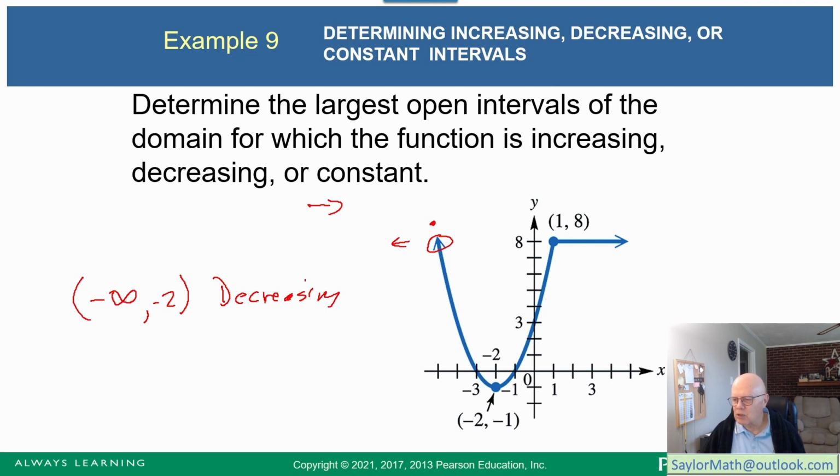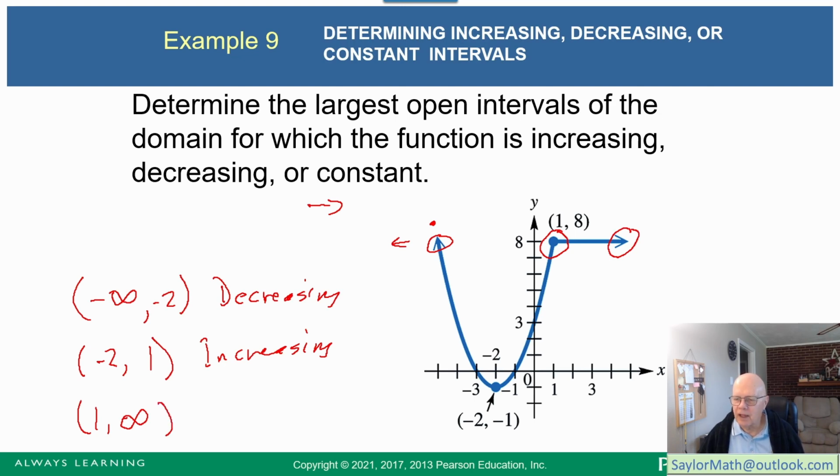Now what happens? Well, it starts going upward. So starting at -2 and going up to, well, it keeps going up until it gets there. Increasing there. And what happens after that? Going from 1 onward, notice this has an arrow so it doesn't stop. 1 to infinity, it stays constant.